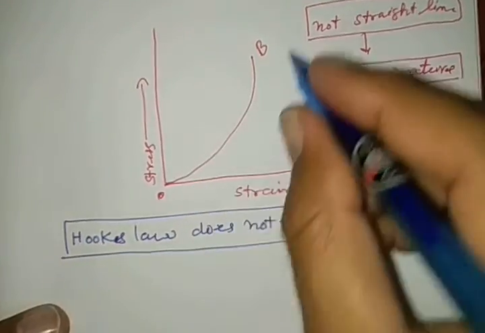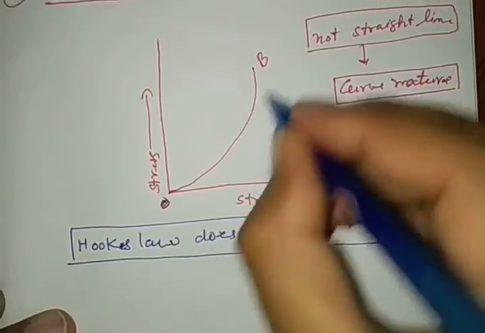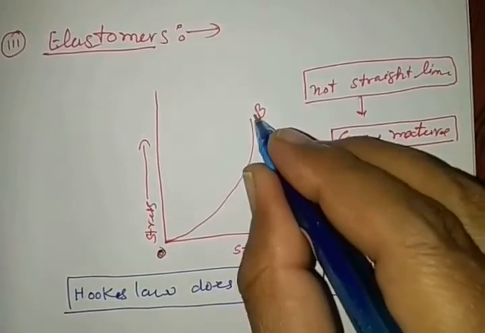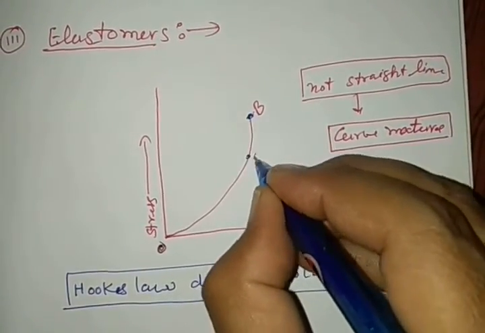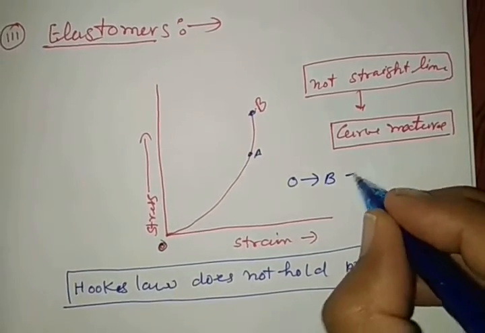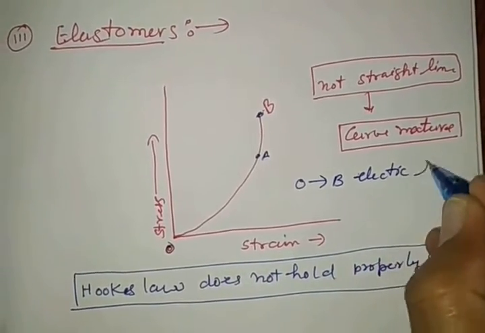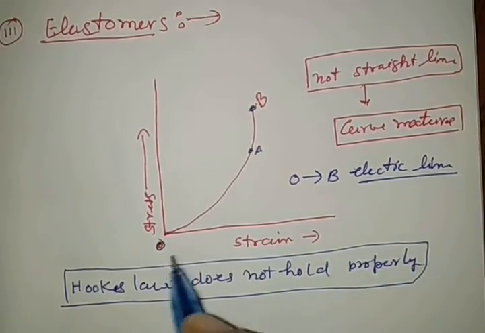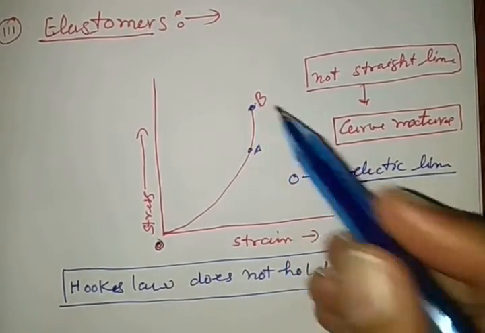See, this is not a straight line. O to A, we know, not A, it is B. A is somewhere here. This is the elastic limit, the curvature, right?